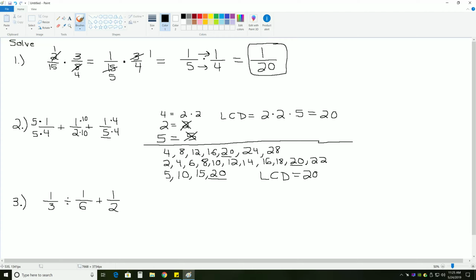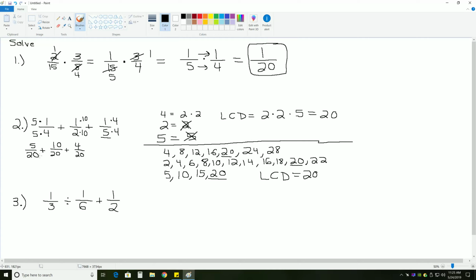So in all, this ends up giving us 5 times 1 is 5 over 20, plus 1 times 10 is 10 over 20, plus 1 times 4 is 4 over 20.